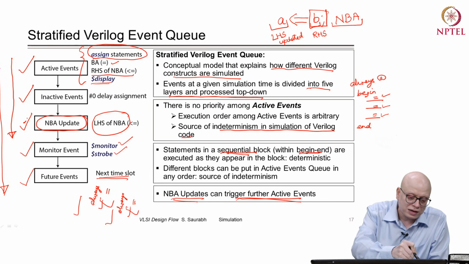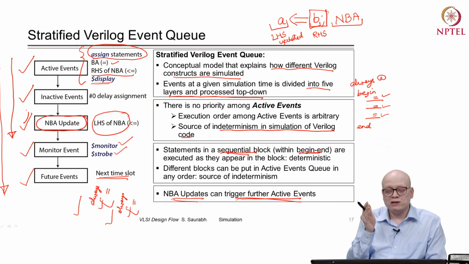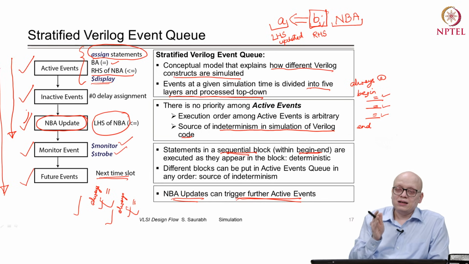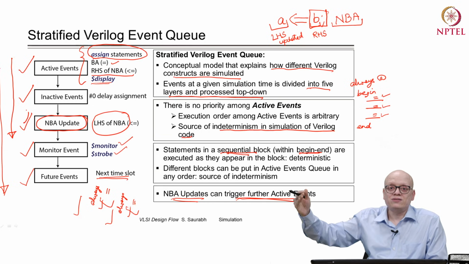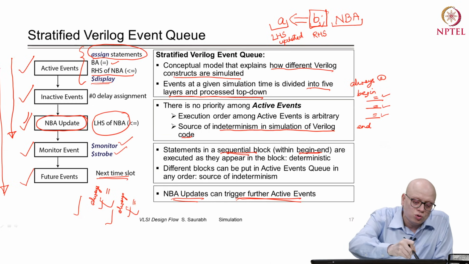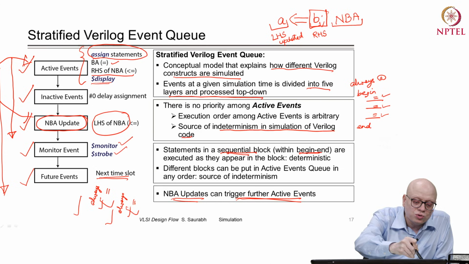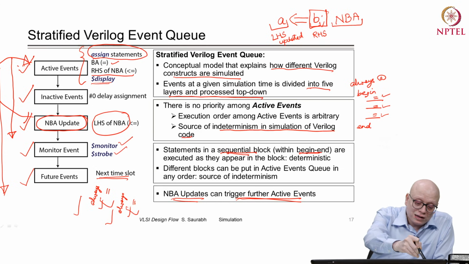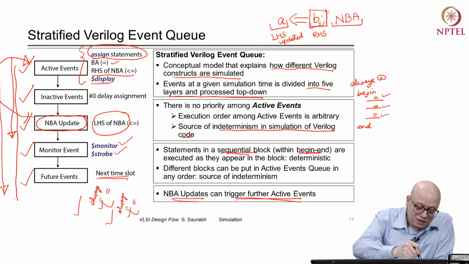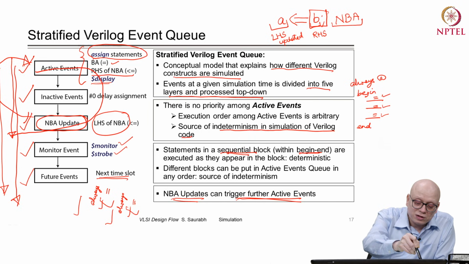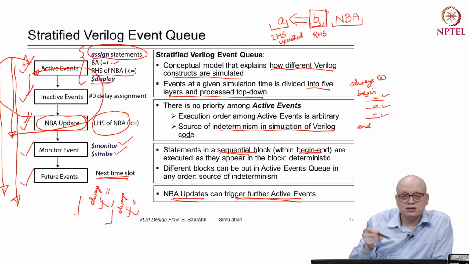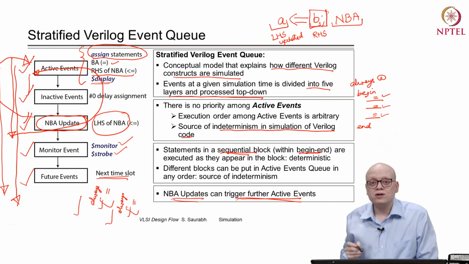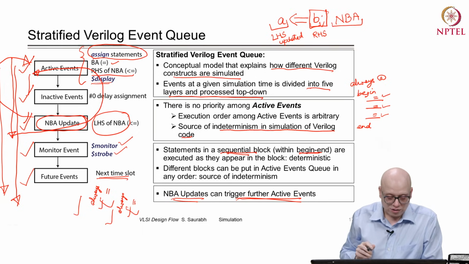It can trigger more events, because an update event can lead to evaluation events, and those evaluation events can go into the active event queue again and need to be processed. So it is not processed only in one pass. What may happen is that once this is done, it must be processed again, and so on. So there may be iterations in this kind of simulation.